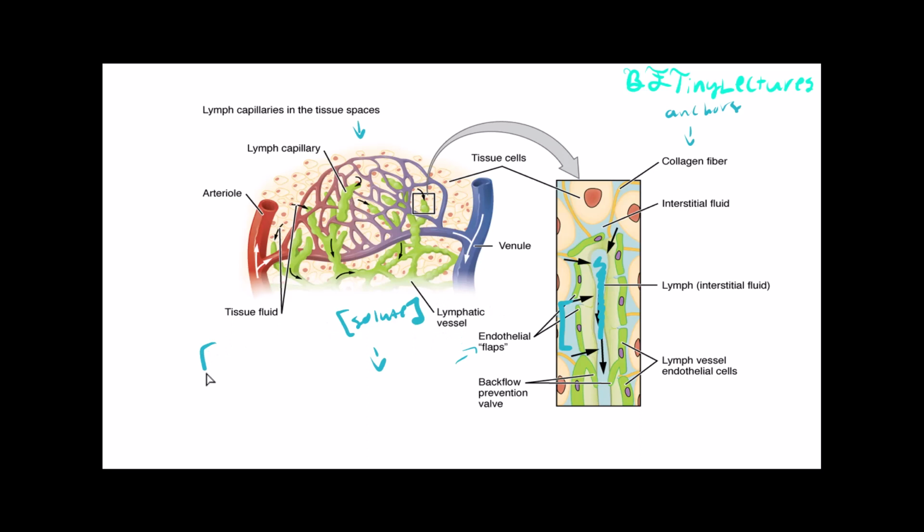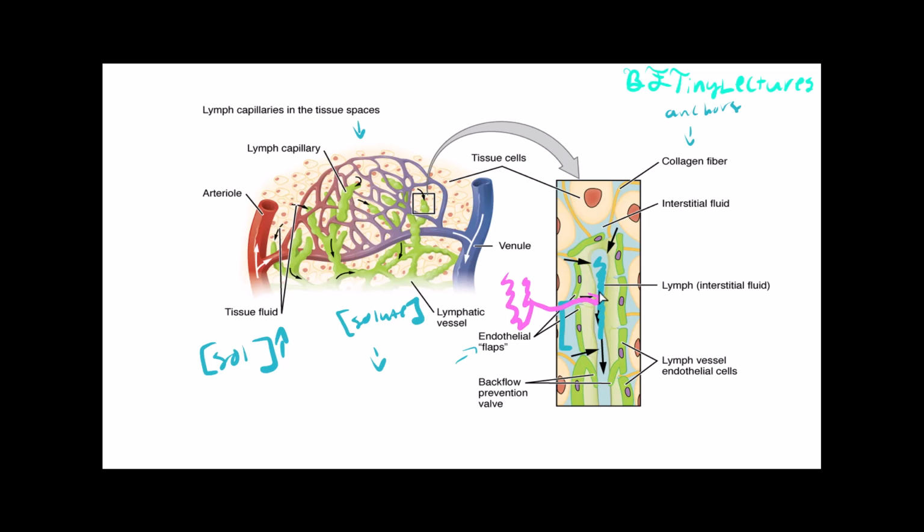But what happens if the solute is increased inside the tissue? If there's a lot of cells, maybe there's some items inside the tissue, and the solute is increased, well, instead of being closed, the collagen is going to open the endothelial flaps. And so now we have all the solute, maybe it's fluid, and it's going to enter the lymphatic vessel.